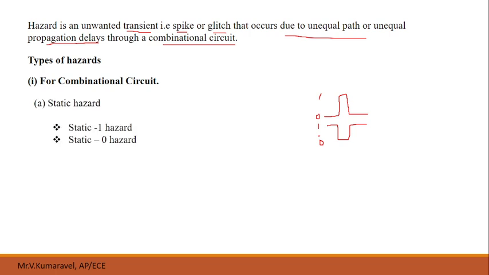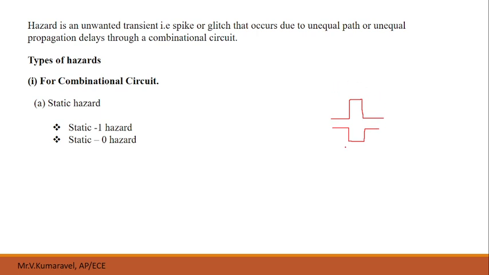Now we'll see the types of hazards. For combinational circuits we have static hazard. Static hazard is further classified into static 1 hazard and static 0 hazard. Static 1 hazard is when I'm expecting my output to be 1 for a certain time interval, but instead of 1 I'm getting 0 for the same time interval.